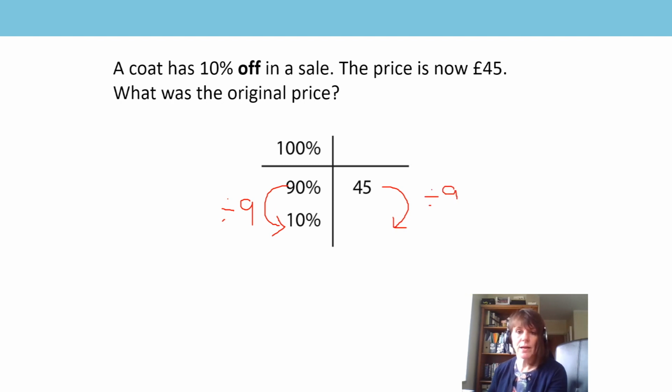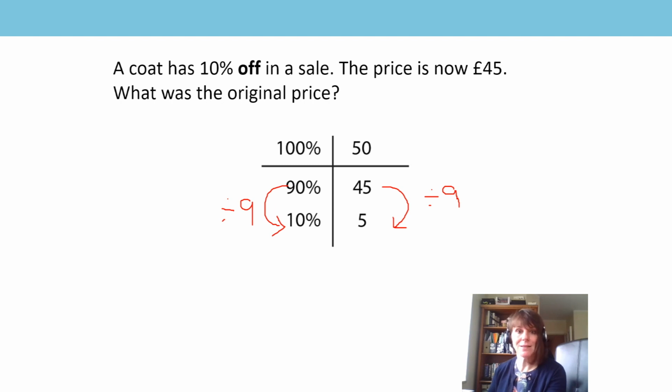And then that 9 looks a bit dodgy. Okay, I'm going to divide that by 9, and that equals 5. And if I know 10%, I can use that to find 100%. I could multiply it by 10. 5 multiplied by 10 equals 50. I can also see that I could use addition.